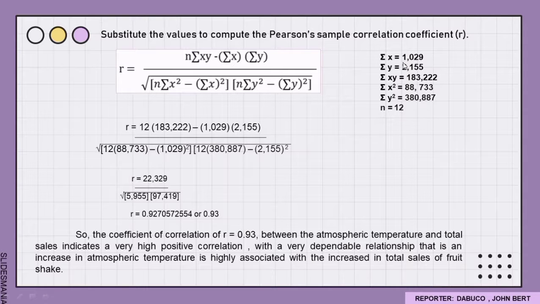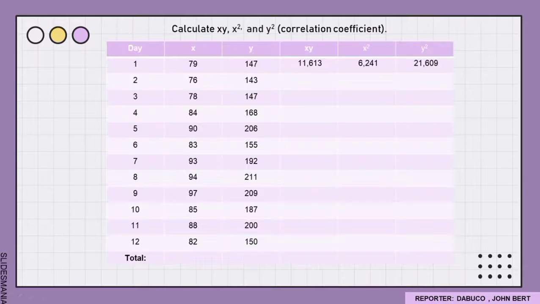We have the value of sigma x equal to 1,029, and sigma y equals 2,155. So where did I get this data?